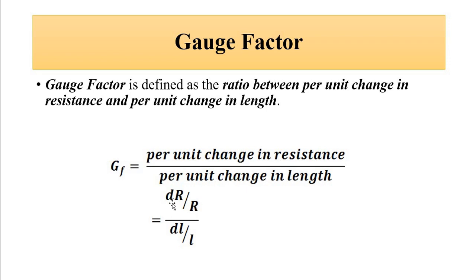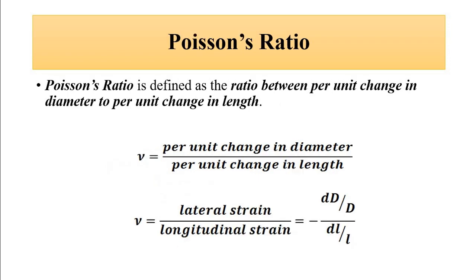Per unit change in resistance is the change in resistance divided by the original resistance, divided by a small change in length divided by the original length. Okay, dR by R divided by dL by L, where dR and dL are small changes in resistance and length, and R and L are the original resistance and original length of the material. So this is gauge factor and this is Poisson's ratio.